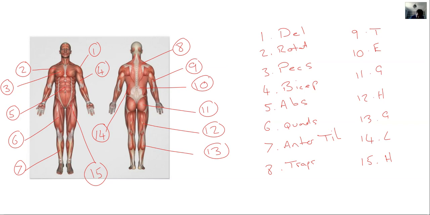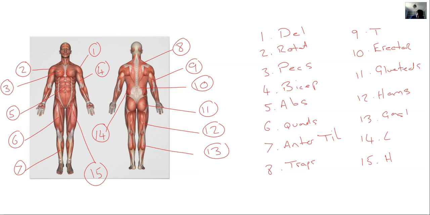10 is, where is number 10? Is our erector spinae. Number 11, you might have called it many different things. I'm just going to call it gluteals, but you might have put gluteus maximus. That is perfectly fine. Or glutes. 12 is our hamstring. I'm just going to put hams. 13, gastrocnemius.